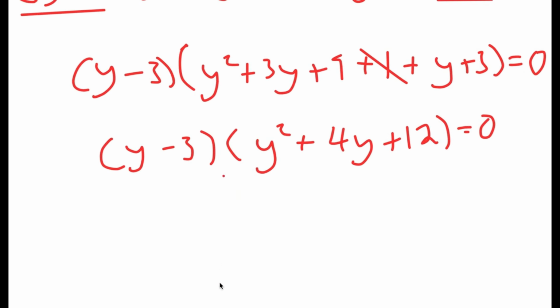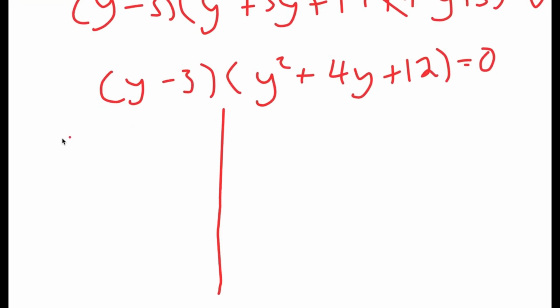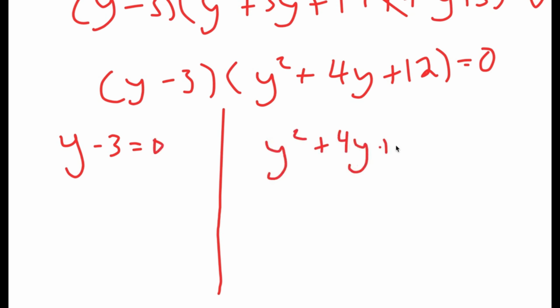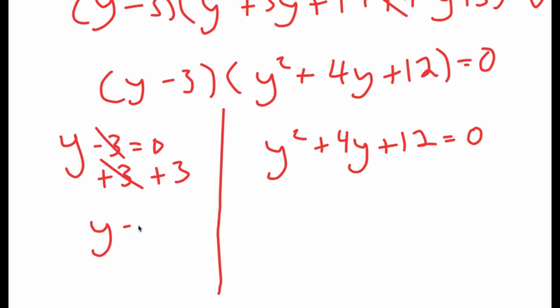So now this gives me two equations. Sorry about that. So I get y minus 3 is equal to 0, and y squared plus 4y plus 12 is equal to 0. So for y minus 3 equals 0, I just add 3 on both sides, and I get y is equal to 3.